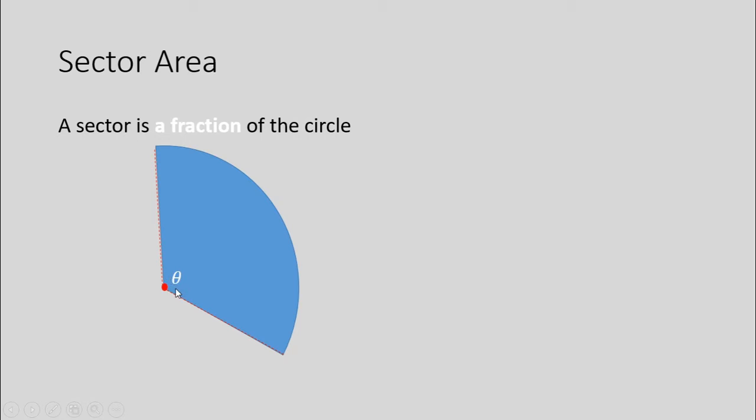Theta is often the letter that we use to represent angles in these questions. Now, the area of this sector can be written as the fraction of the angle between the radii over 360 degrees multiplied by the area of the full circle. So a fraction of the full circle.